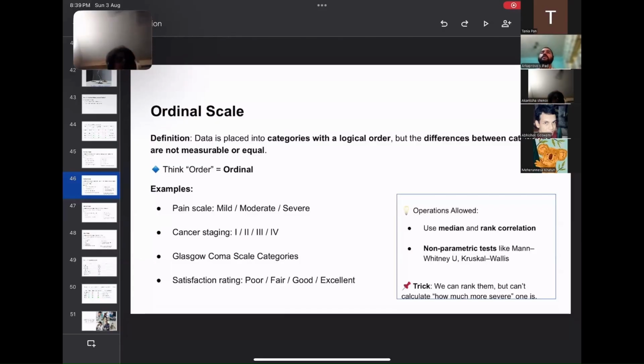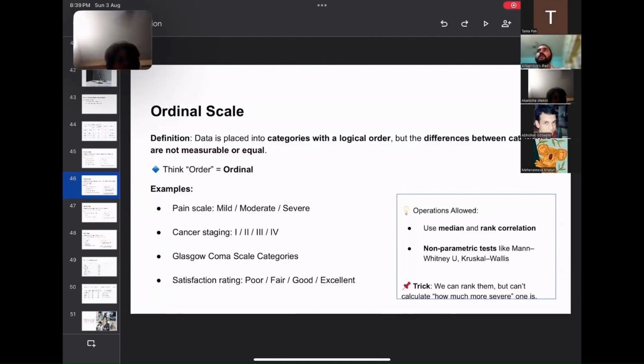Okay. So next is the ordinal scale. In an ordinal scale, data is placed into categories in a logical order, but the difference between the categories is not measurable or equal. Order, think of it as ordinal. So pain scale: mild, moderate, severe. What is the difference between mild and moderate?